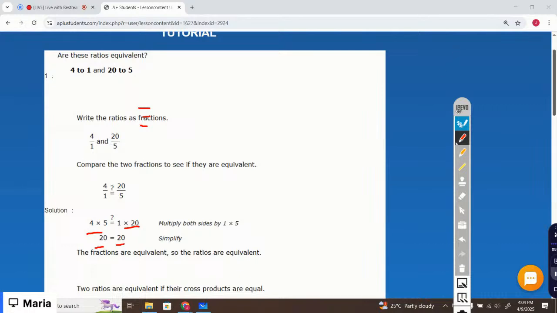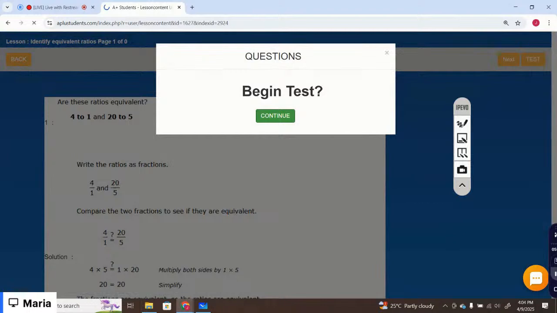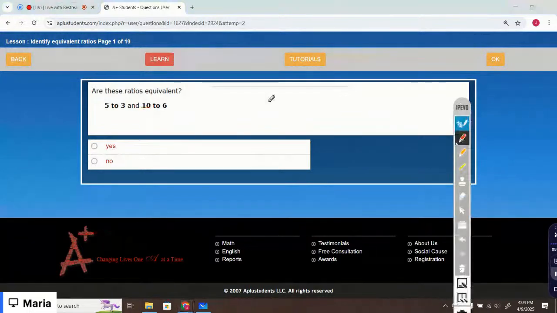Let's start with the test questions. Are these ratios equivalent, 5 to 3 and 10 to 6? Let's write them down in the fractional form, 5 by 3 and 10 by 6.